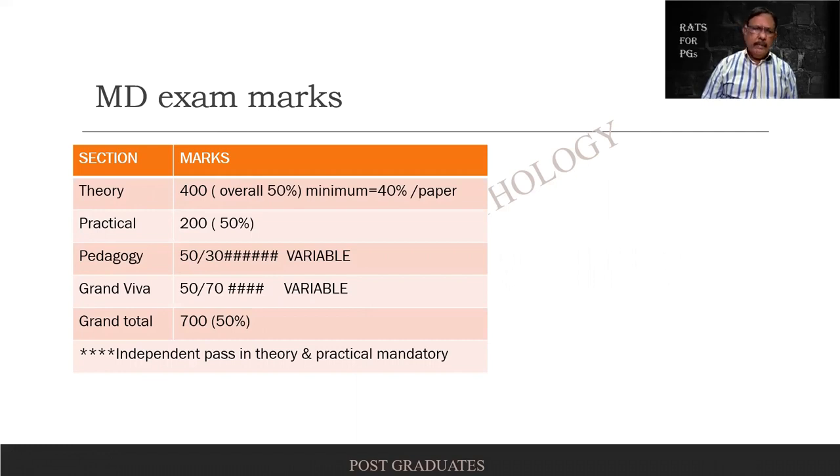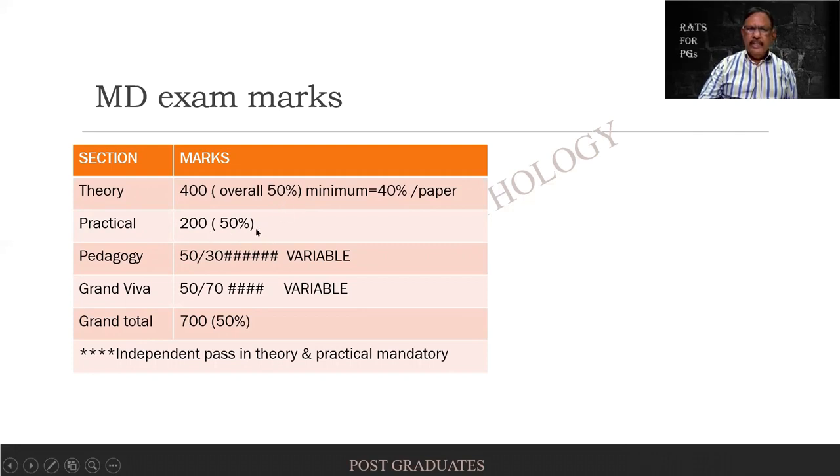This is again an important lesson for the examiners like me. So even if we are lenient, we should take care to see that the student gets at least 40% in a paper, and then it is compensated by the others, such that overall there is a 50%.